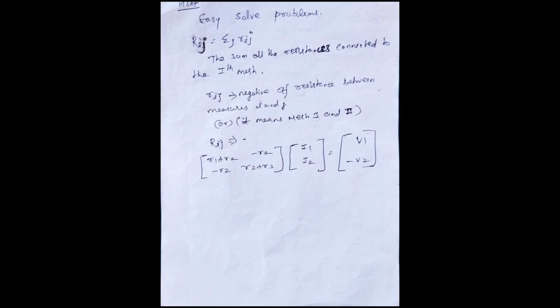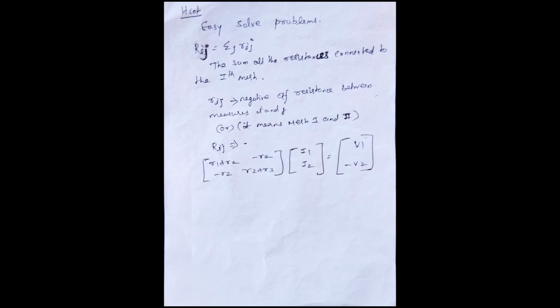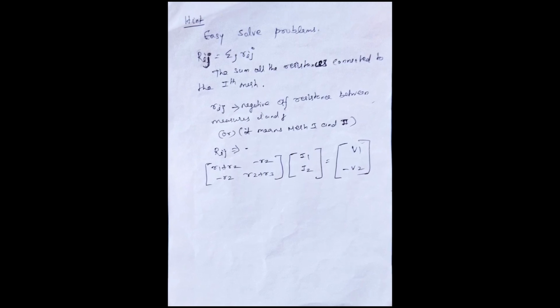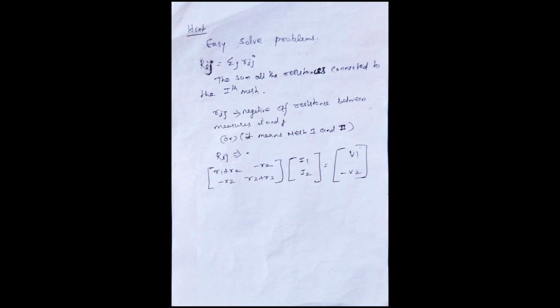Put a negative sign for common elements. We form the matrix [R1 plus R2, minus R2; minus R2, R2 plus R3] for the 2 by 2, or two-mesh, matrix format. [I1, I2] mesh currents are equal to the sources [V1 minus V2]. That is the hint for forming mesh equations.